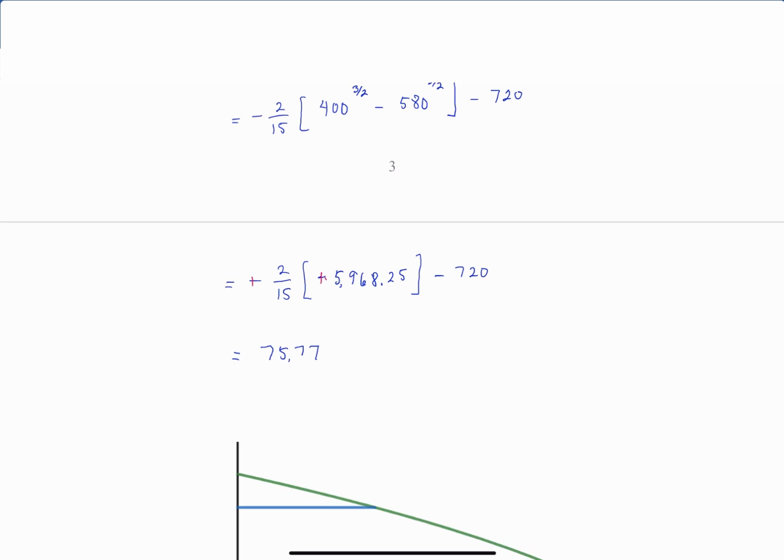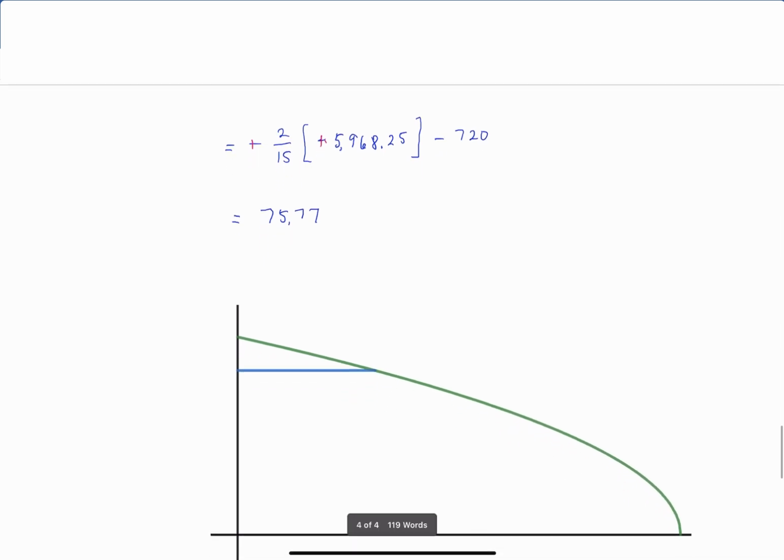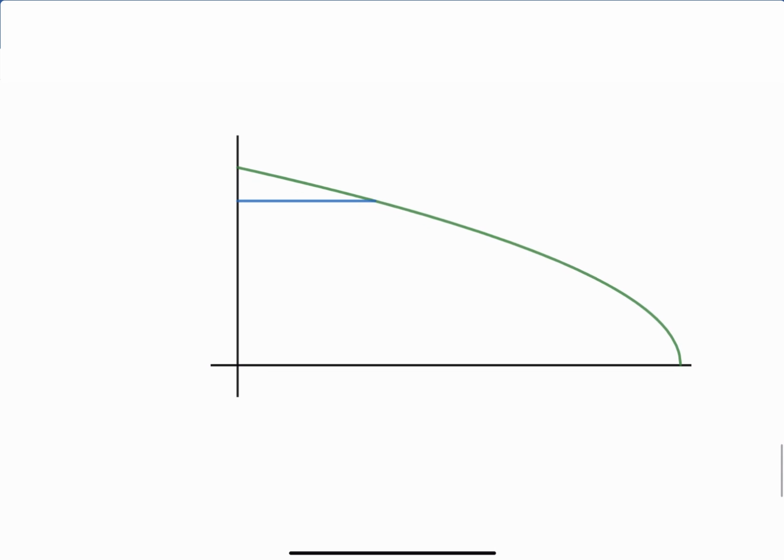Let's quickly recap what we did here to get a better feel for it. I've gone ahead and provided a graph so that we can visualize what we did as well. In this problem, we were given the equation for the demand curve, which was square root of 580 minus 5x. And remember, the input of the demand curve is an X, which represents number of units produced and sold.